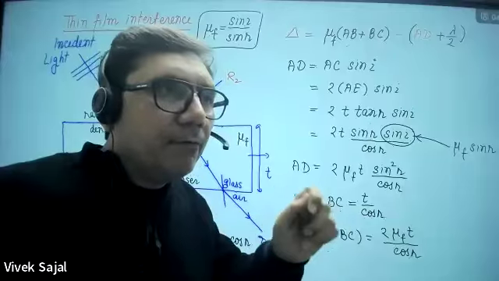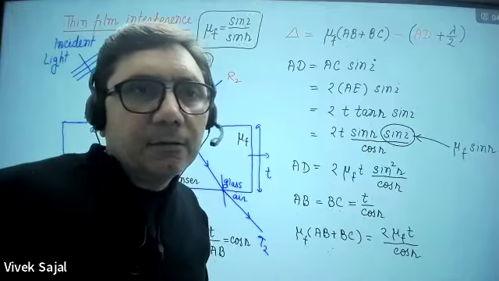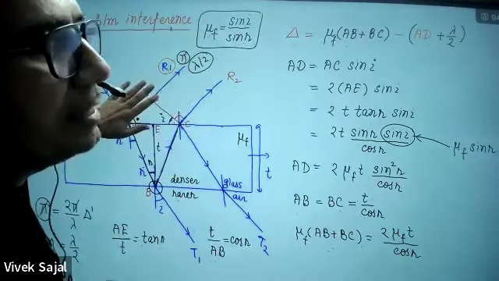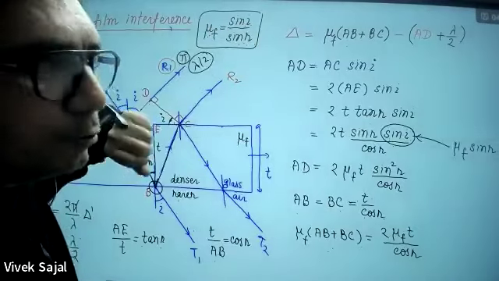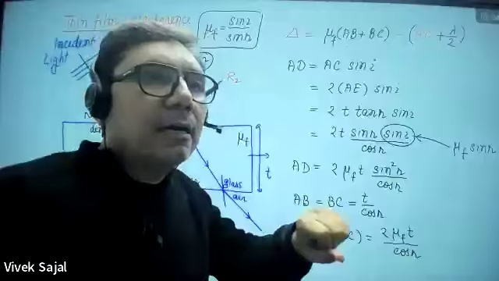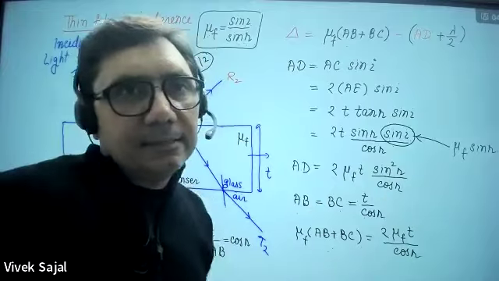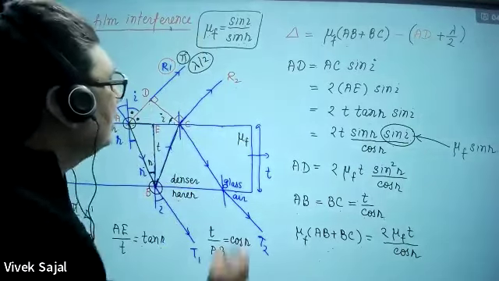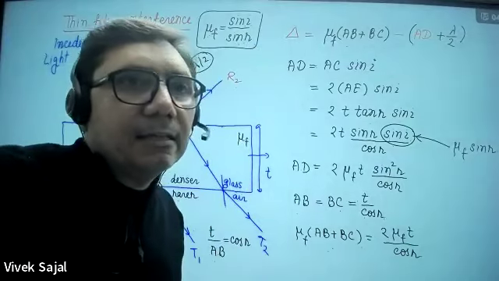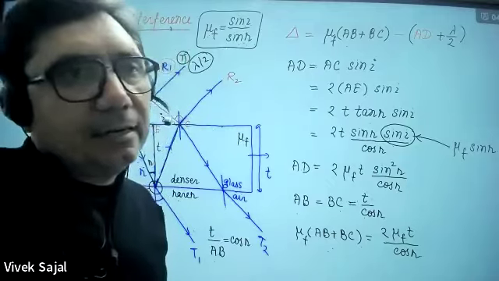It means the wavelength corresponding to red color is interfering constructively. So constructive interference is taking place for the wavelength lambda of the red light, and maxima is formed in the reflected light.